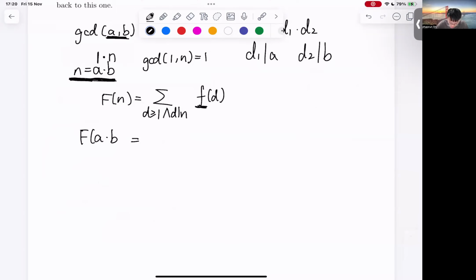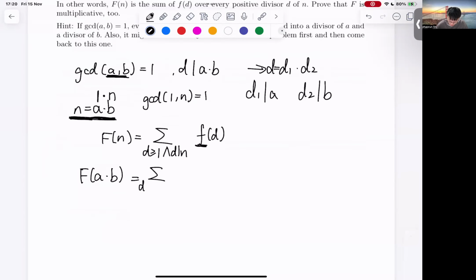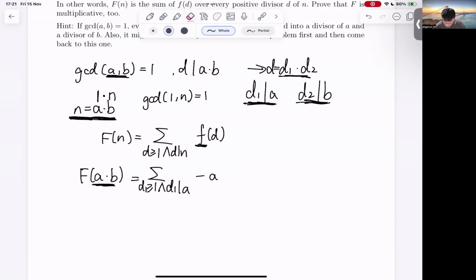We consider the factorization of n into a and b, and then this equals to, since we have the hint that every divisor of ab can be factorized into d1 and d2, which are divisors of a and b respectively, we can just have the sum over d1 that divides a and, by the way, we should also sum over d2.